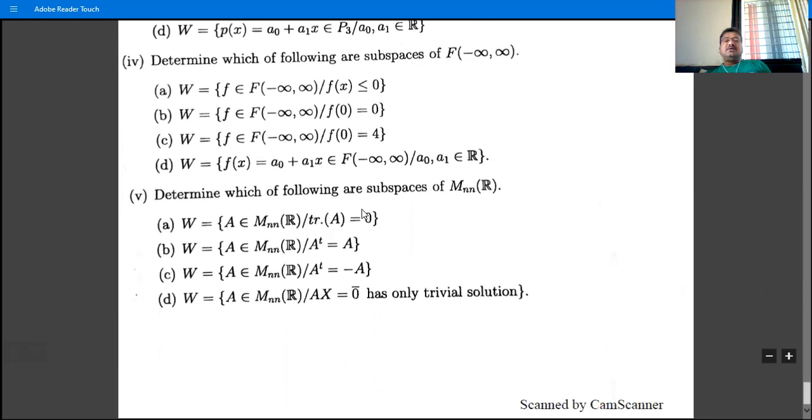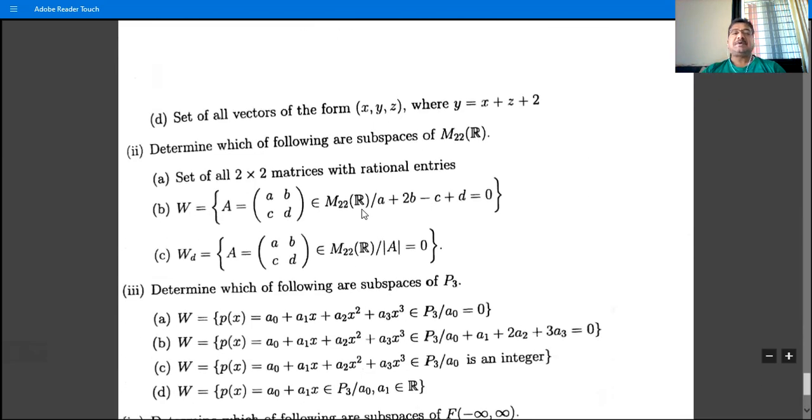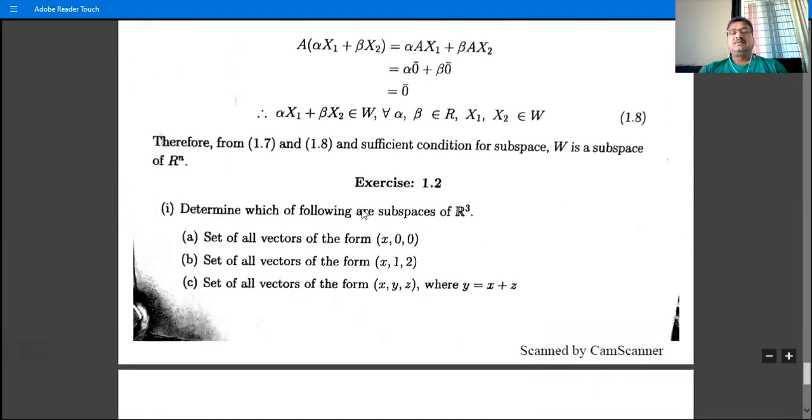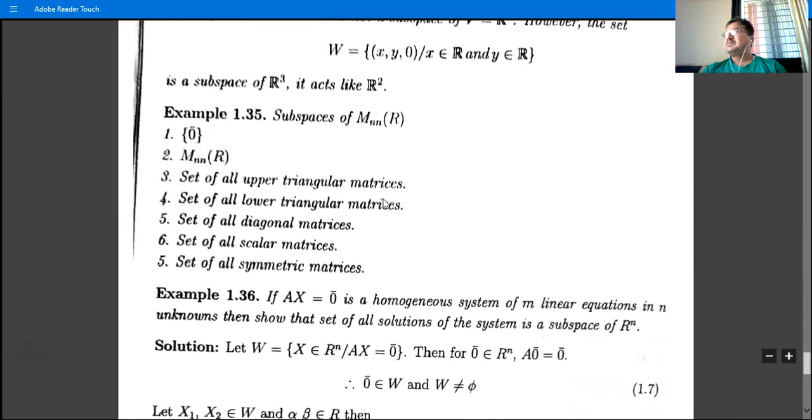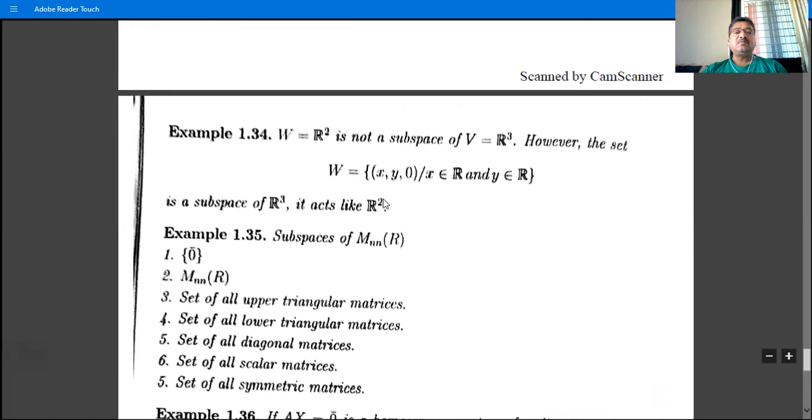So this is about the topic subspace. We have to determine whether a subset of a vector space is a subspace or not.